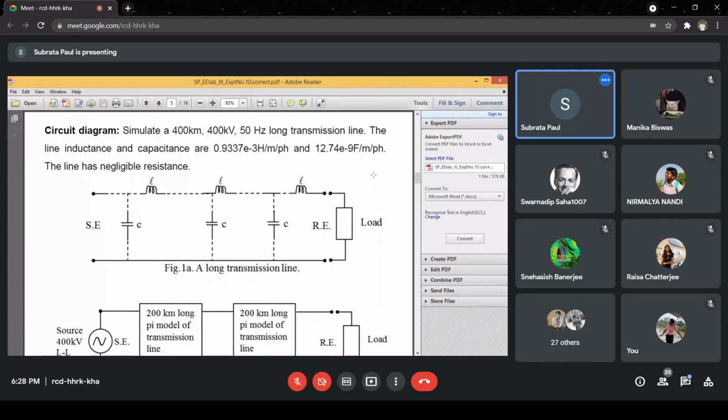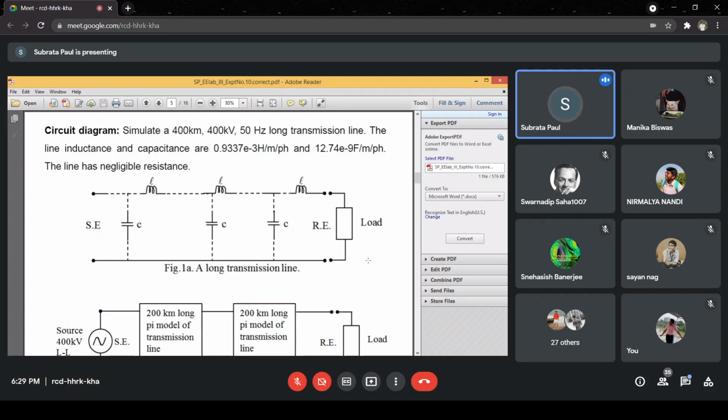Now, actually this experiment or simulation has been done in MATLAB Simulink, right? In the laboratory, the development of this experiment in this short time was not possible. A Simulink simulation has been done to show you the effects.